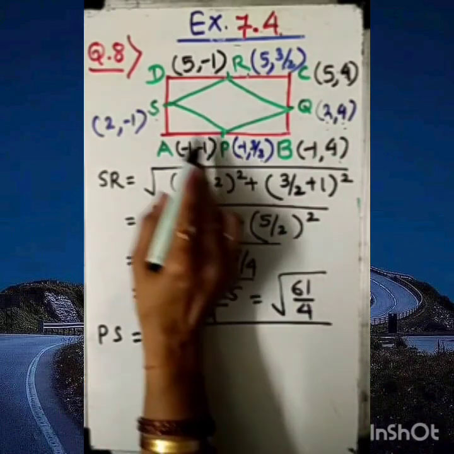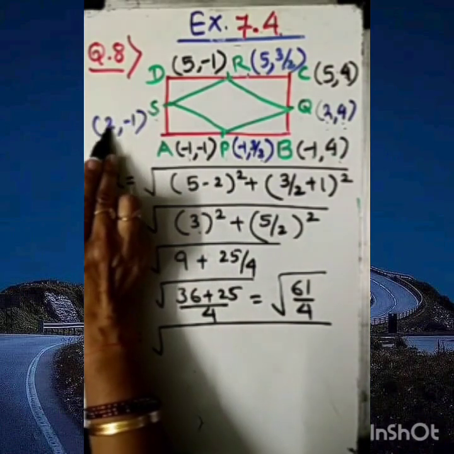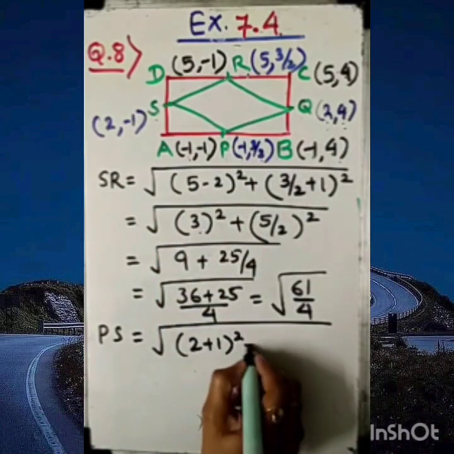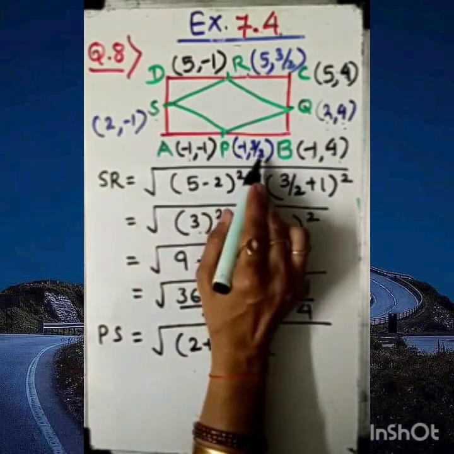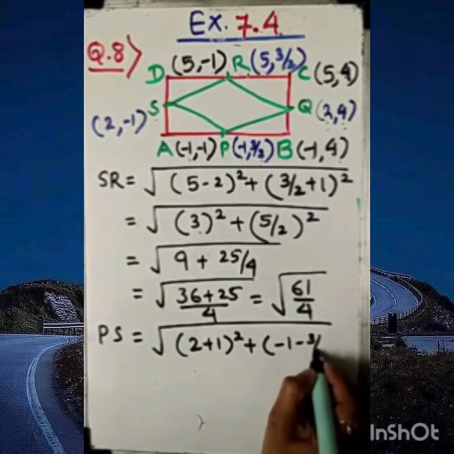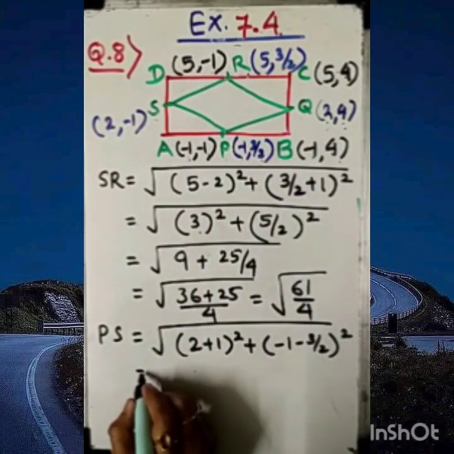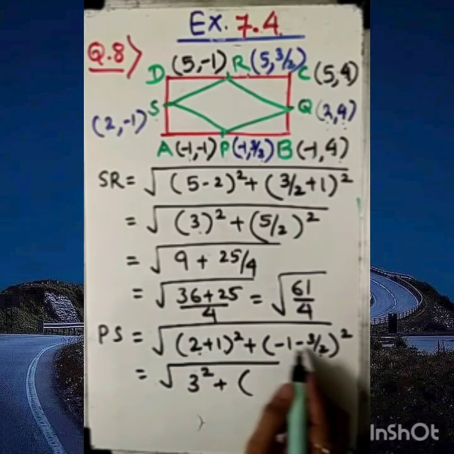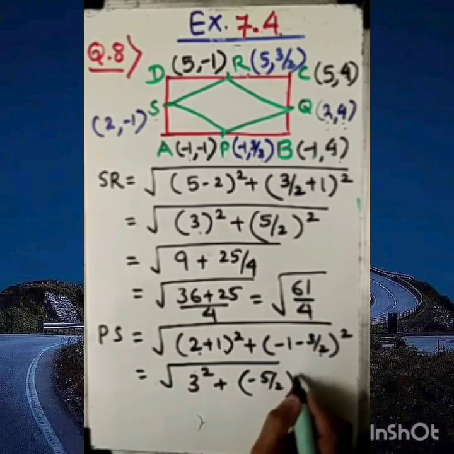PS, okay, suppose I am going with PS, then we need to write 2 minus 1, so it will be plus 1. Minus 1 minus 3 by 2 whole square. So my dear student, this is 2 plus 1, 3 square, and this side minus 5 by 2 whole square.